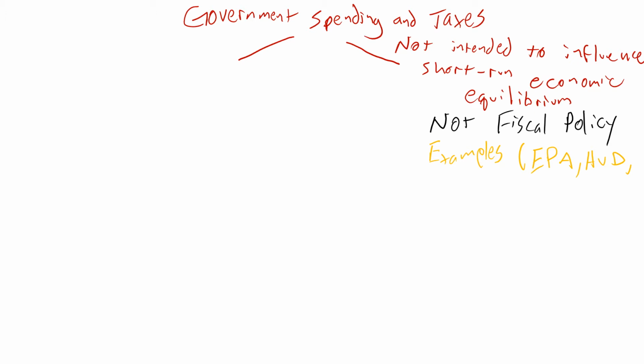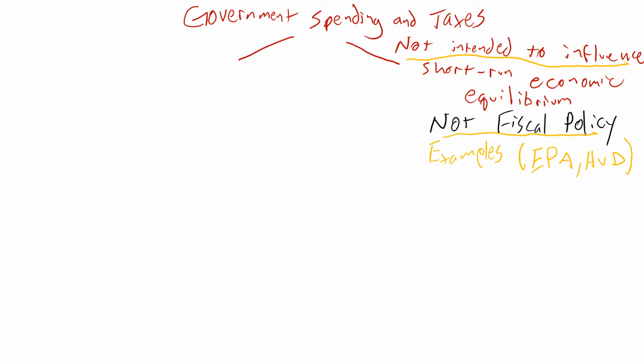And these are both very important forms of government spending, but because they're not intended to influence the equilibrium of aggregate supply, aggregate demand framework and our economic growth, they're not considered fiscal policy.